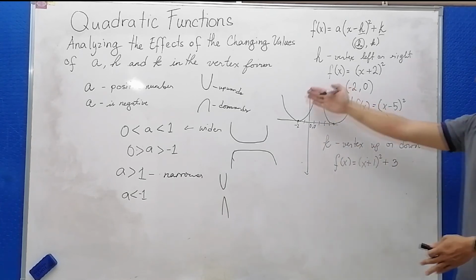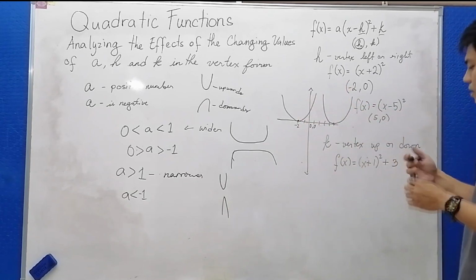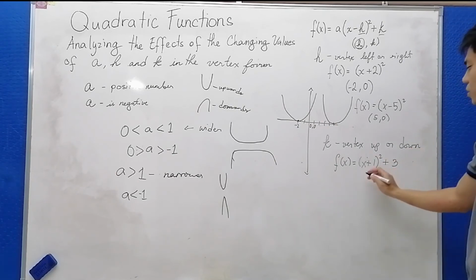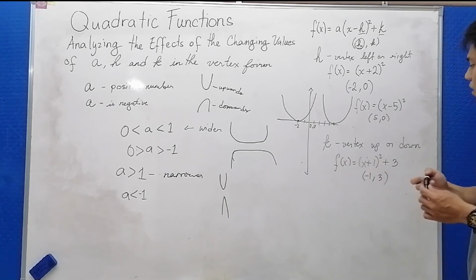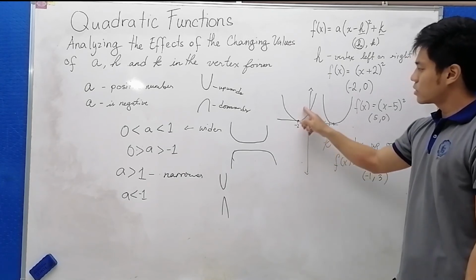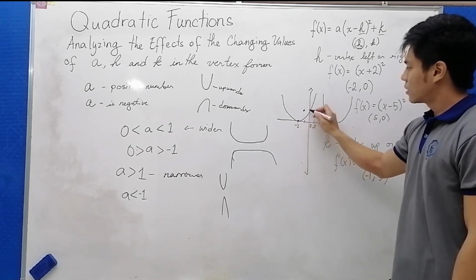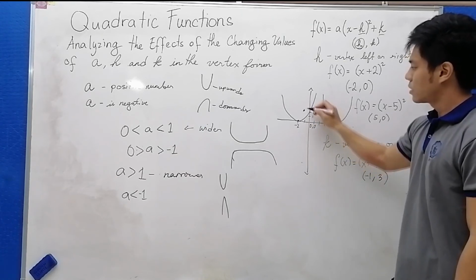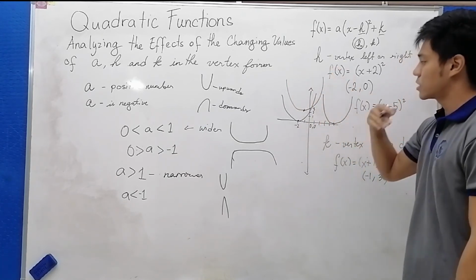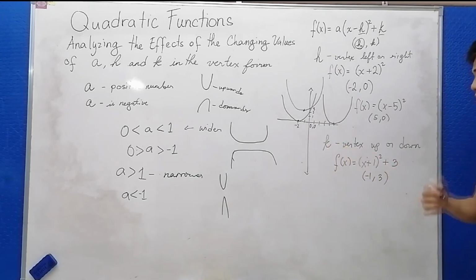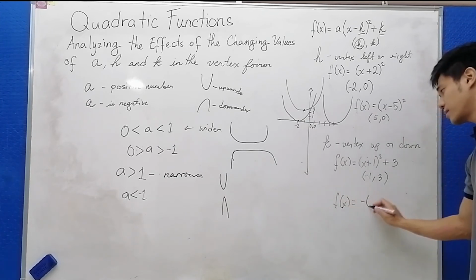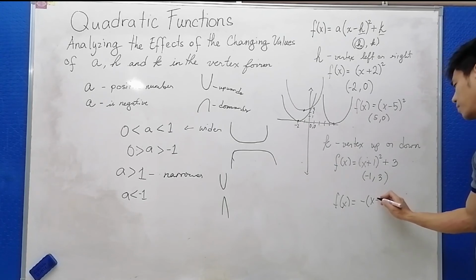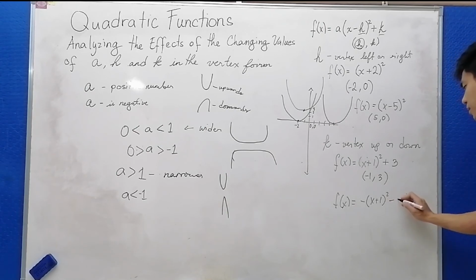Okay, so looking at this Cartesian plane, if it has a plus 3, that means its coordinates are going to be plotted as -1 and 3, right? So -1 and 3 is located over here. 1, 2, and 3. So our parabola will be moving upwards 3 spaces because of the k value. So what if we have another value of f of x is equal to, let's say, negative (x plus 1) squared, and then -2.